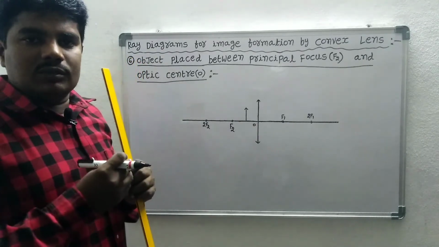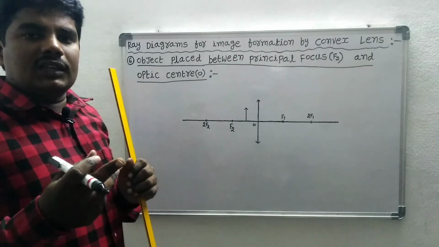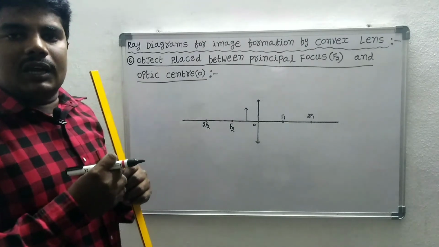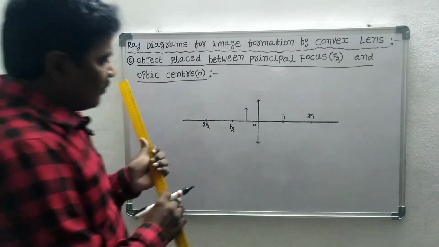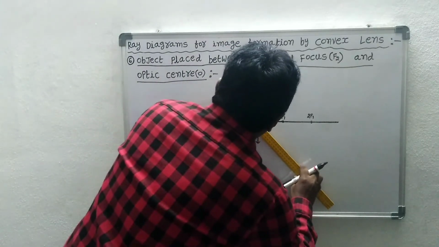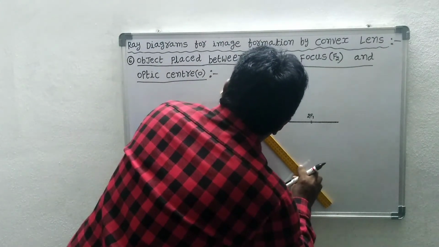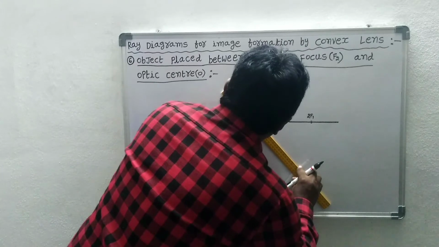One is passing through the optic center and another is passing parallel to the principal axis. The light ray passing through the optic center does not deviate.